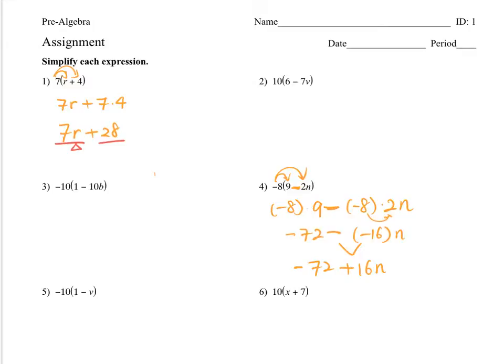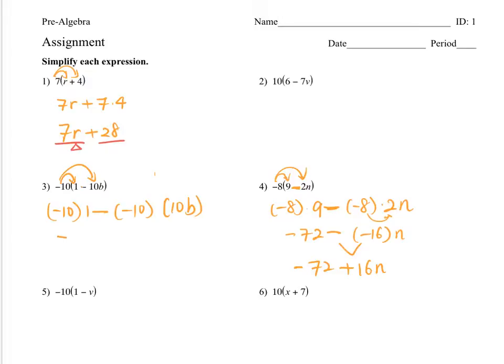I think I'm going to do number 3 as well. This time you distribute -10. -10 times 1, and it's a minus, so it's a minus. Go back to the number outside the parentheses, -10 times 10b.